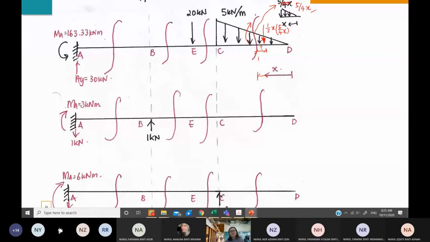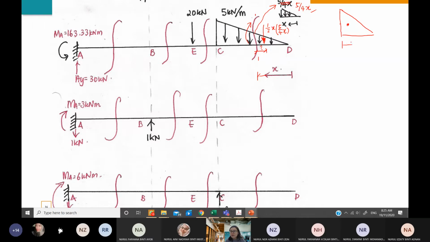One over 3. Yes, 1/3. Please remember, the load will be acting at the centroid. The centroid is always close to the highest value of this triangle.